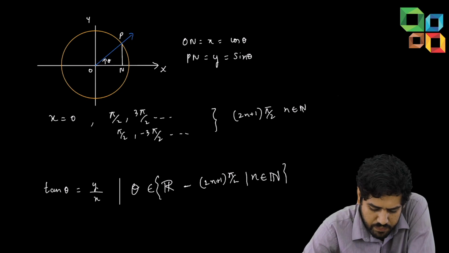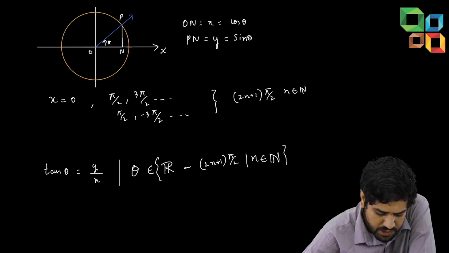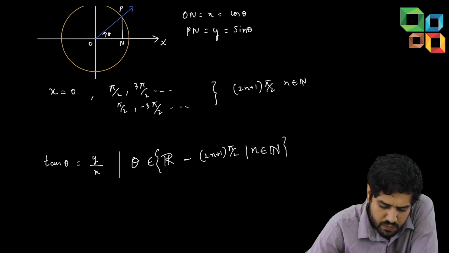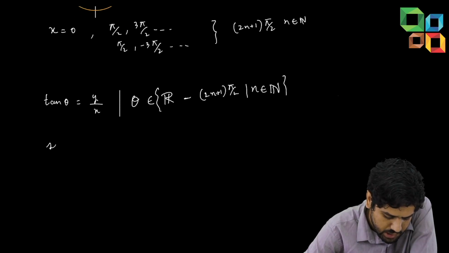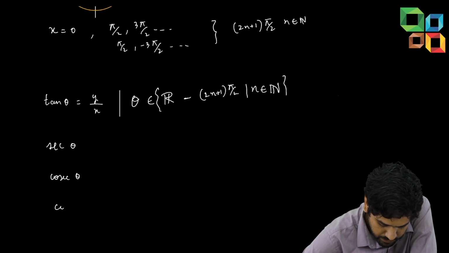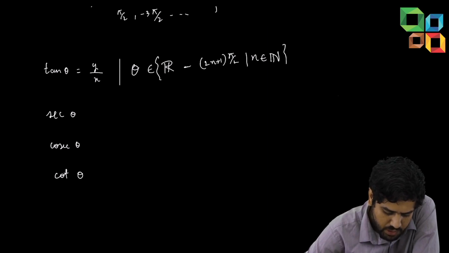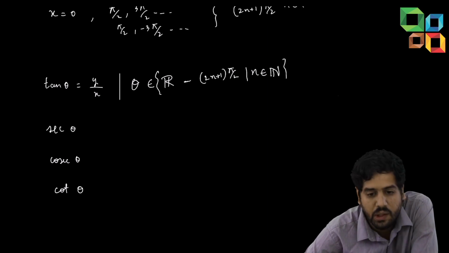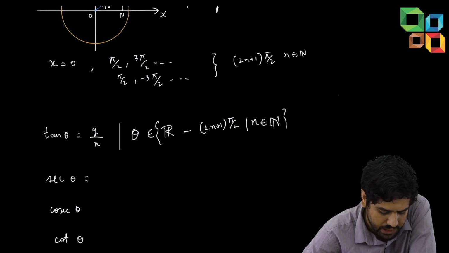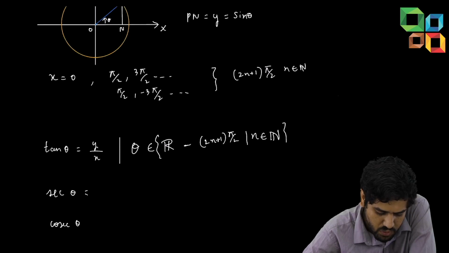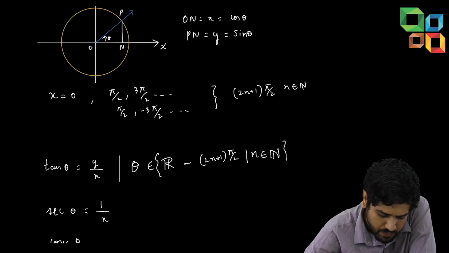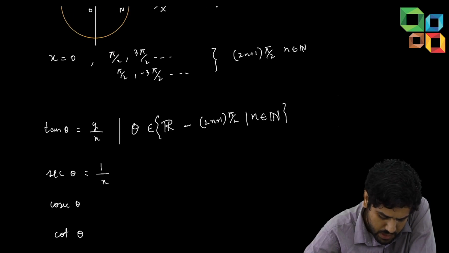Okay. Now we need the other definitions. So we have sine, cos, tan. We need secant, cosecant, and cot. Secant is 1 by cosine. Cos is x, so you'll get 1 by x, right?